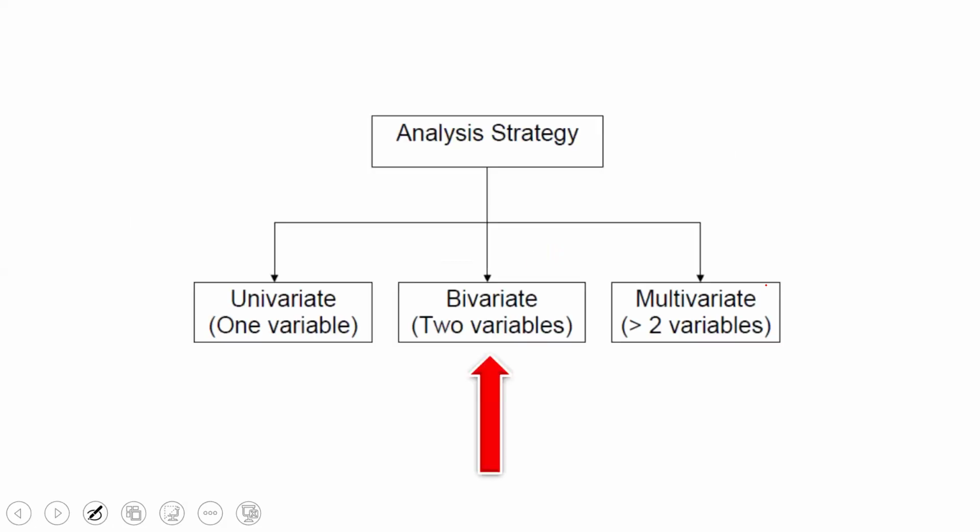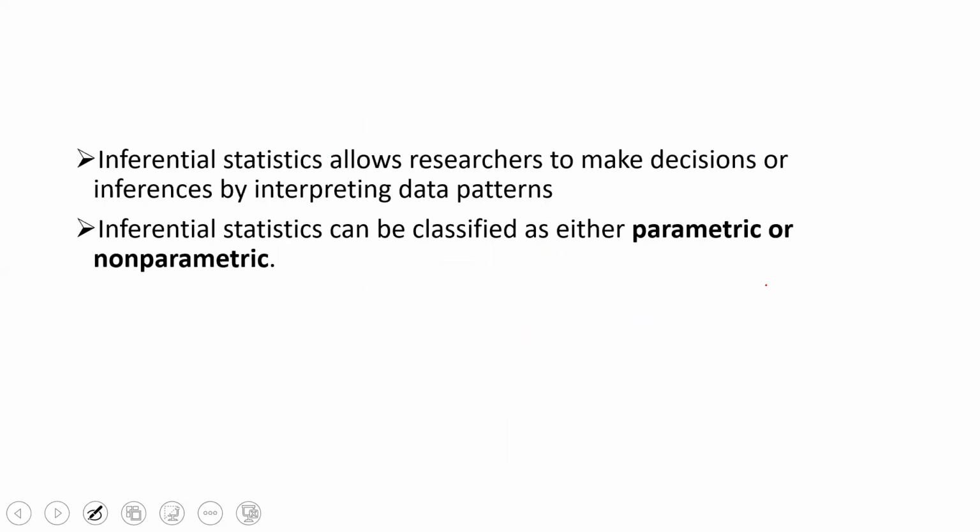So let's go to inferential statistics, starting with when we have two variables, that's bivariate. The inferential statistics allow us as researchers to make decisions or inferences by interpreting our data patterns, which is usually taken from samples. And you can classify inferential statistics to be either parametric or non-parametric.